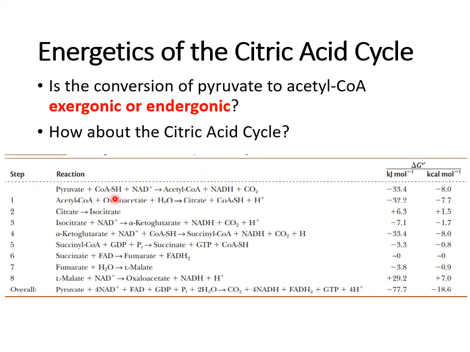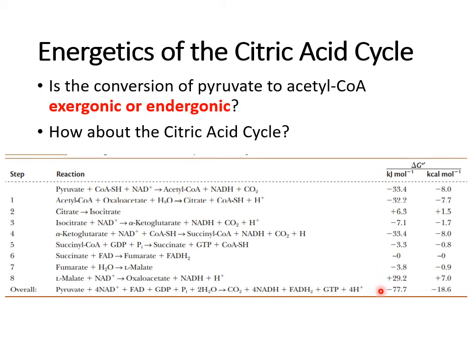So that initial reaction before the citric acid cycle, when you look at the energetics of it over here, the free energy, you notice it is negative. And earlier in a previous lesson, we mentioned when you see a negative for the free energy of a reaction, that tells you that it is an exergonic reaction. So this pyruvate to acetyl-CoA reaction, because it's negative here, is exergonic.